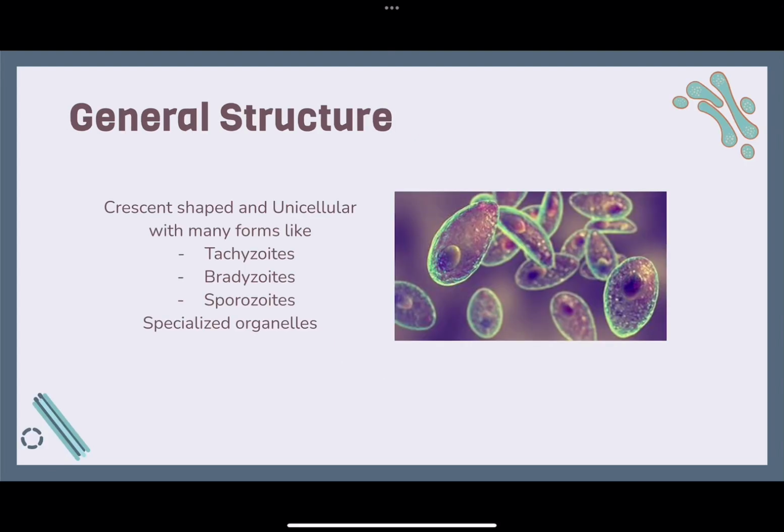Next, we have the general structure. Toxoplasma gondii is a protozoan parasite characterized by its crescent-shaped unicellular structure. It exists in several forms, like tachyzoites, which are a rapidly multiplying form responsible for acute infections, bradyzoites, which are a slowly replicating form found in tissue cysts during chronic infections, and lastly sporozoites, which are contained within oocysts and are responsible for initiating infections in new hosts.